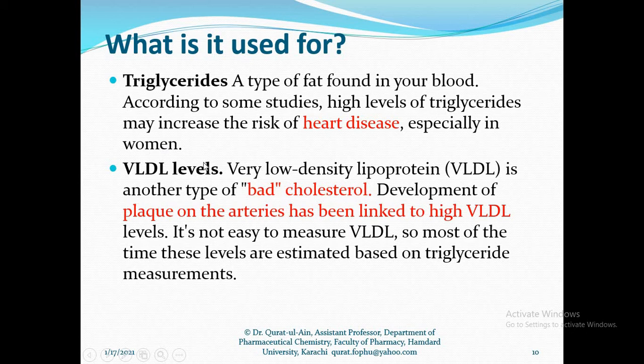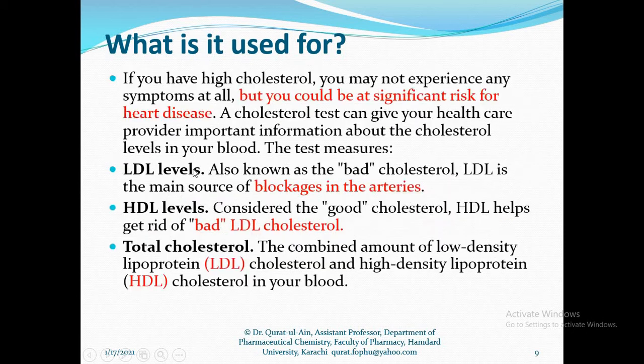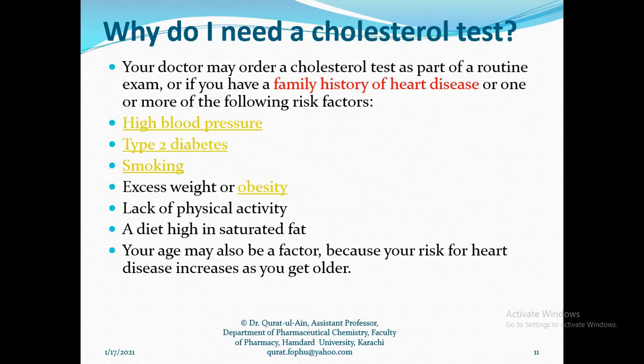It is also considered bad cholesterol. By calculating the concentration of all these types of fats or cholesterol in the blood, we can diagnose whether the person may suffer from heart disease or stroke or not.